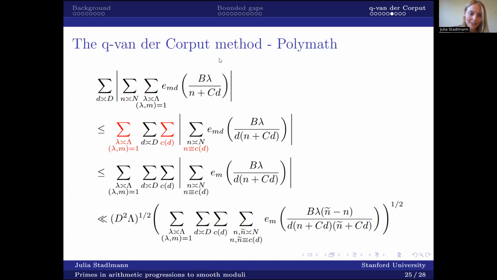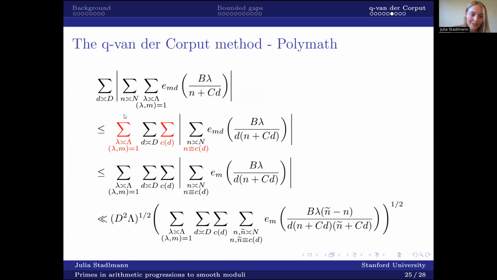We have the sum over d, sum over n, and sum over lambda. It looks like something we can apply the Q van der Corput method to, except the problem is that we don't just have a sum over n on the inside, we also have a sum over lambda. So we simply take the sum over lambda and move it all the way outside.